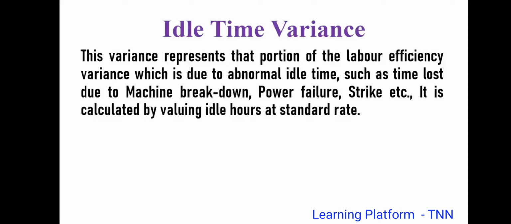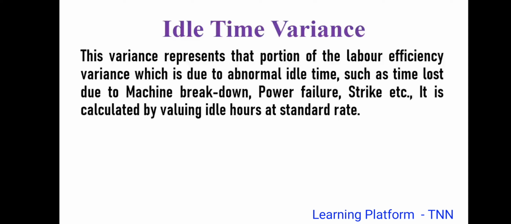Idle time variance. Idle time is when the company pays the employee but the employee doesn't produce anything or does not contribute to production. Such time we call idle time.